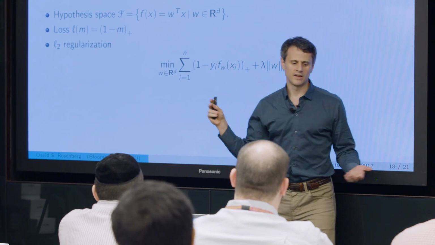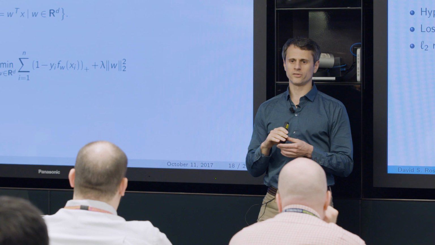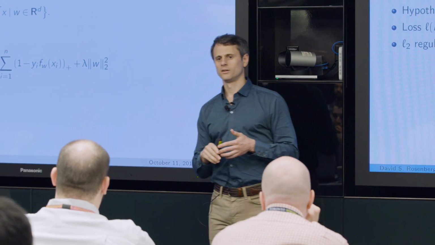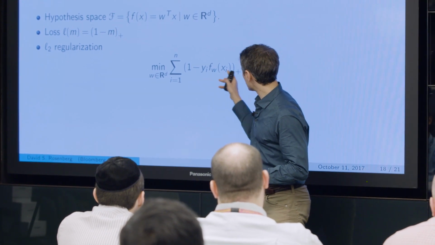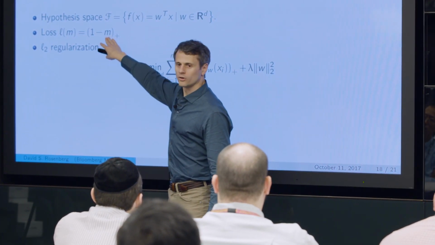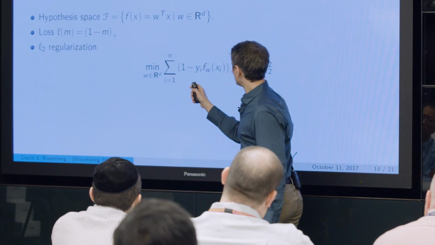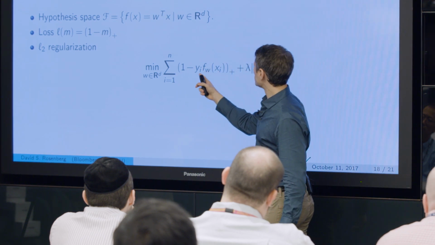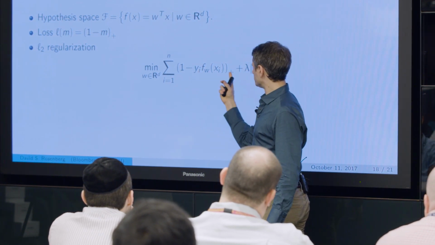All right, so we have yi fw xi. That's the margin. And then do we want the margin to be positive, negative, large, or small? We want it big and positive. So this piece is m. So now we're into the loss function piece. All that stuff we've spoken out so far is m. And then this 1 minus m, positive part, that's the loss function.